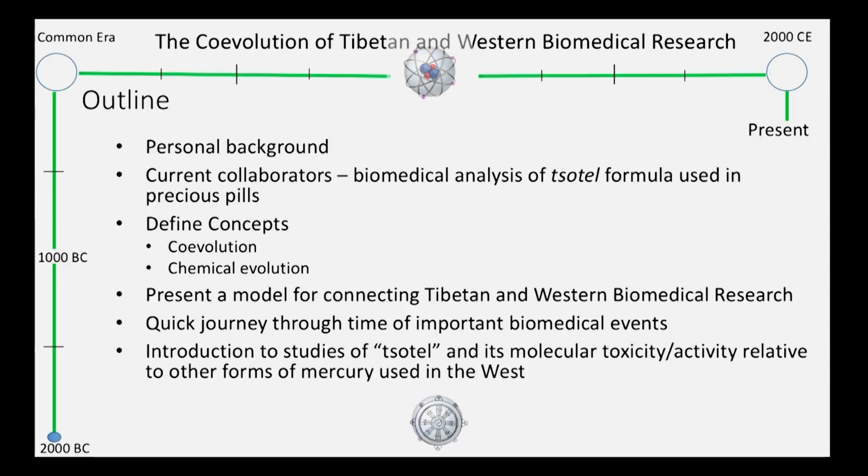I'm going to present you a model for your consideration in terms of a way of connecting Tibetan and Western biomedical research. And then we're also going to introduce some of the studies that we're currently doing on Tsotal, which is a mercury-containing formulation that's a key ingredient in the precious pills.